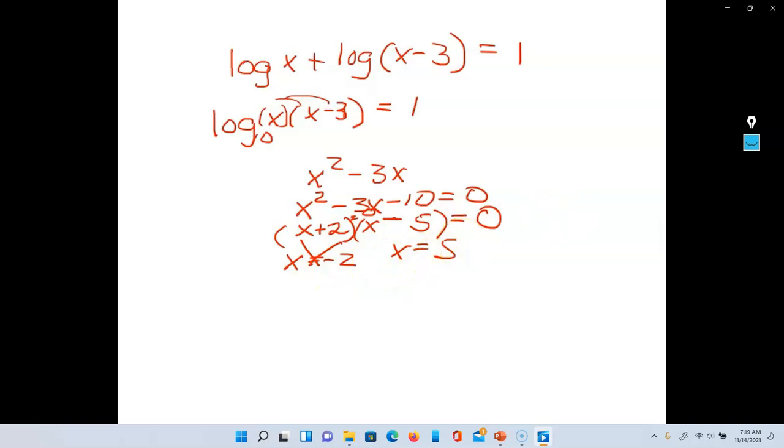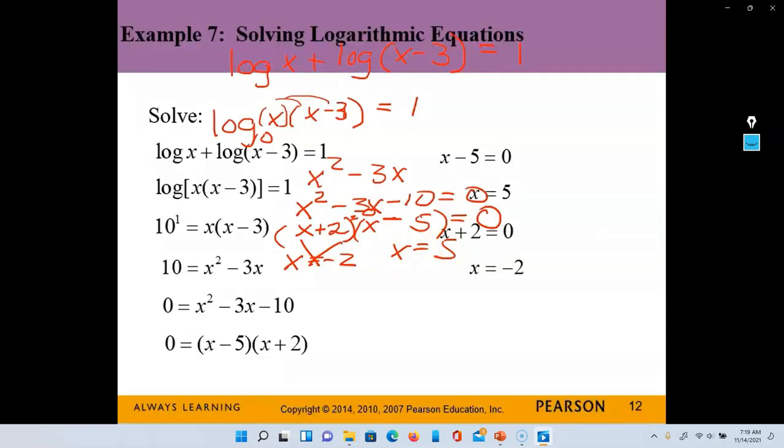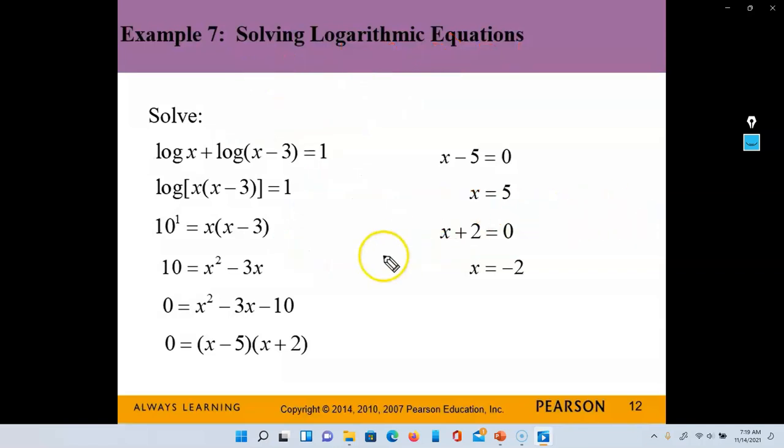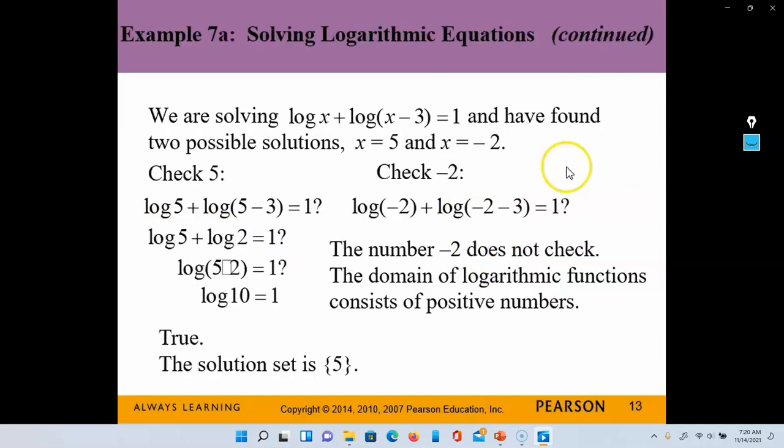Now let's go back to the whiteboard and clear this up, and we see that this is the valid answer, while this one isn't. And let's see what they're going to show us here. In the next slide, they're showing us the proof that negative 2 is not a possible answer.